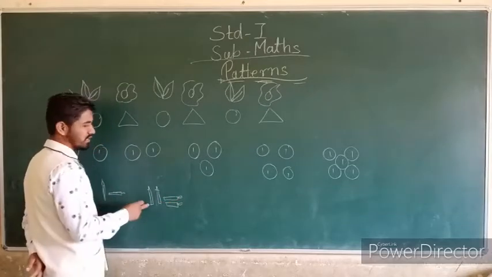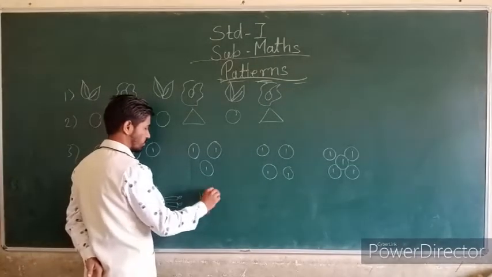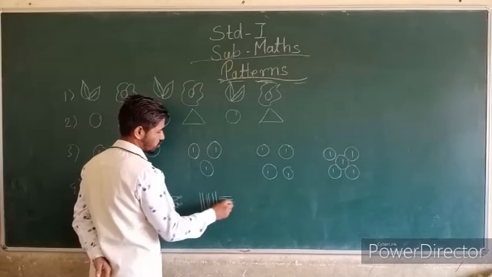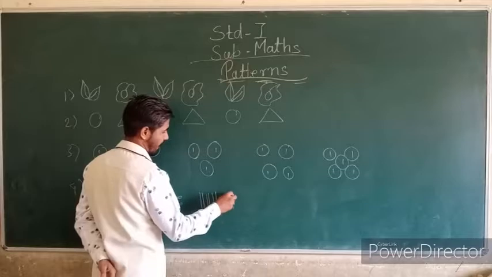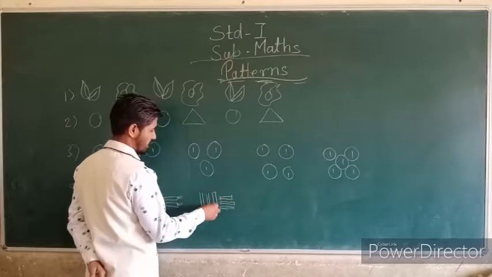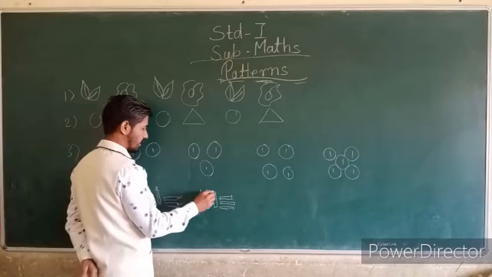So here is one candle, here are two candles, here three candles, 1, 2, 3, here also 1, 2, 3. So all the candles are increasing.